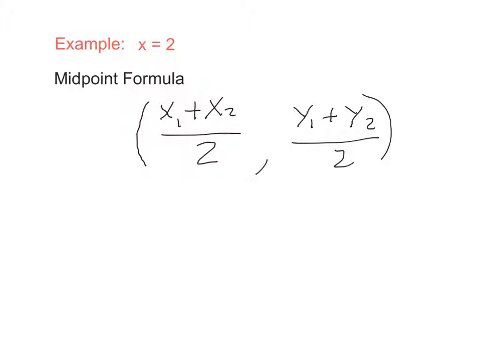So if we have two points, we can find the coordinates of the midpoint by simply calculating x1 plus x2 over 2 and y1 plus y2 over 2.